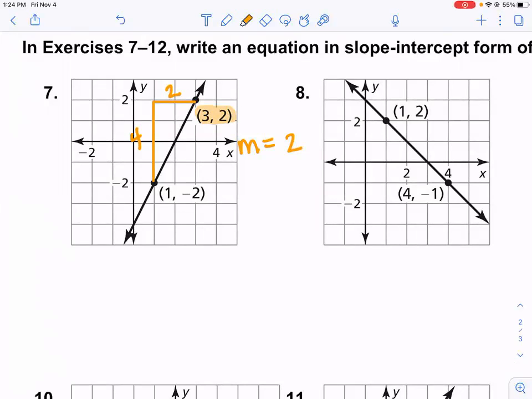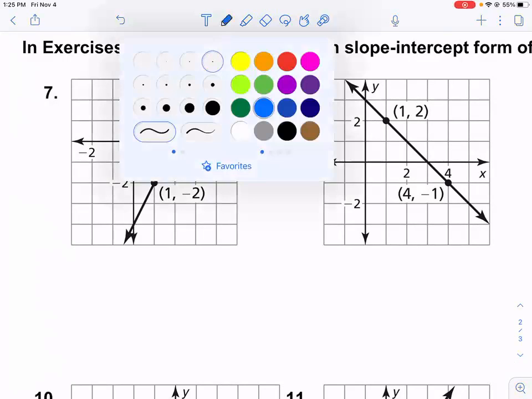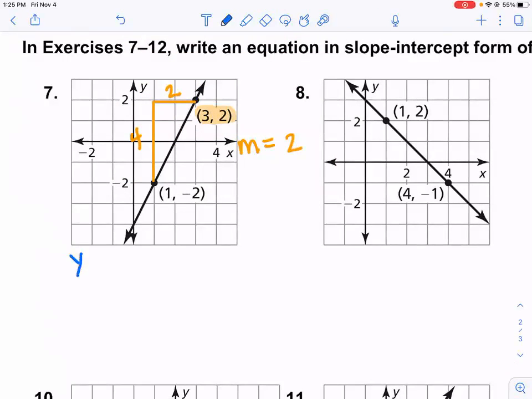I want to avoid negative numbers. Okay. So we're going to take y minus y1 equals slope times x minus x1. We know that our slope is 2. And we know that our coordinate is 3, 2.